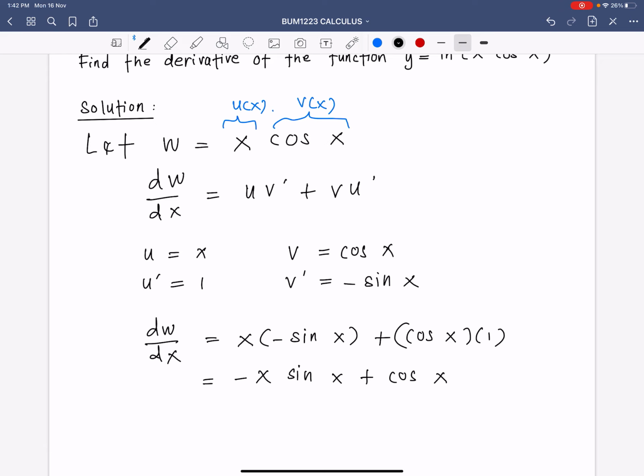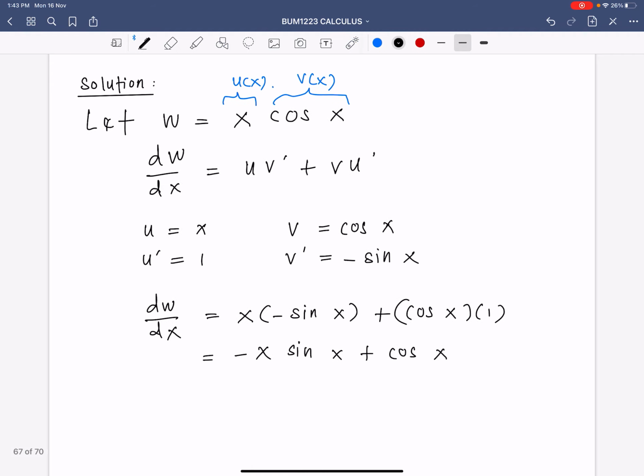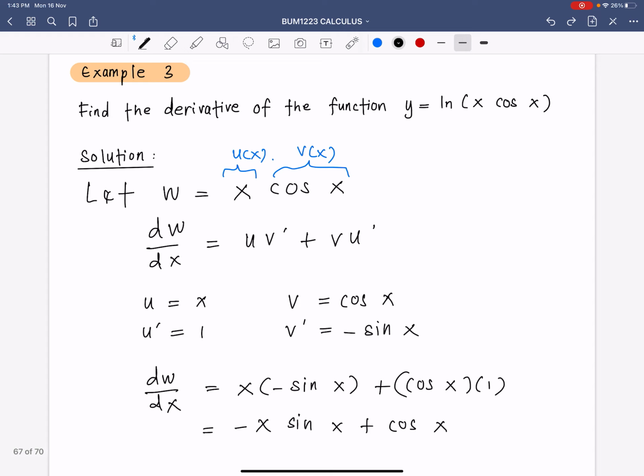So we need to find, remember your function is y, which is y in terms of x, and we want to find the derivative of y, which is y prime, or dy dx. Okay, so dy dx equals, okay, sorry, before that, we have just now assumed this as w.